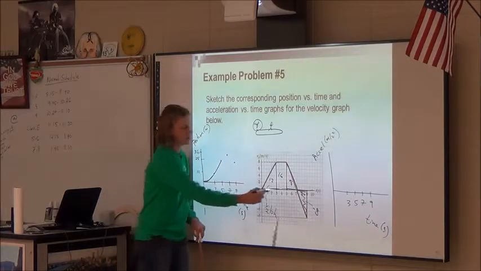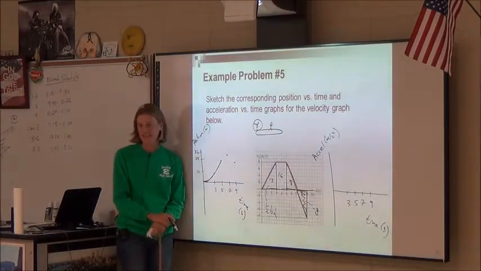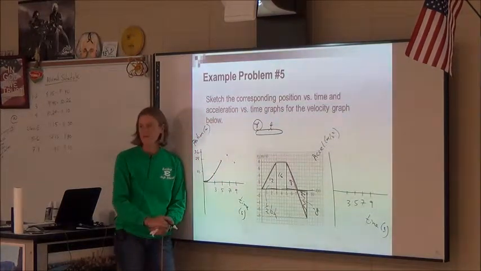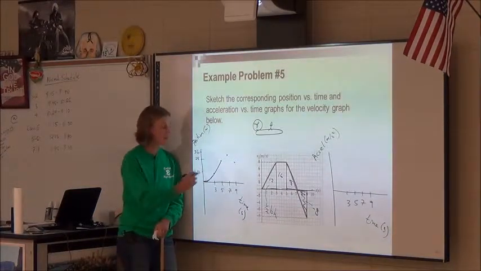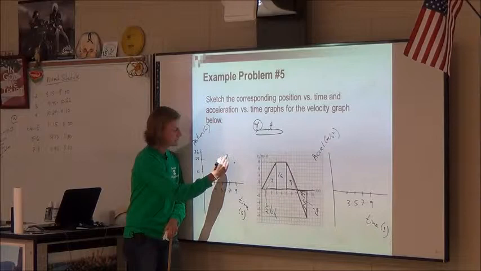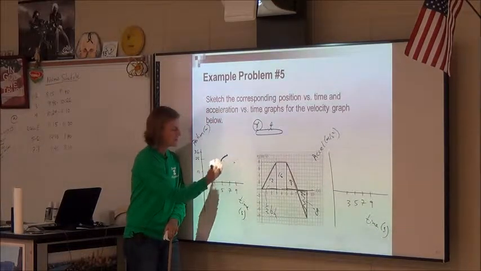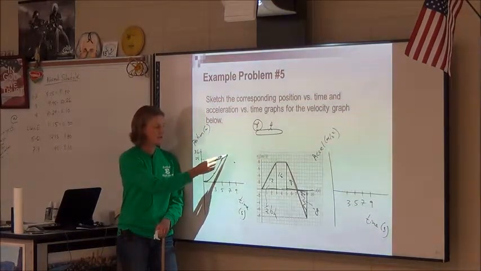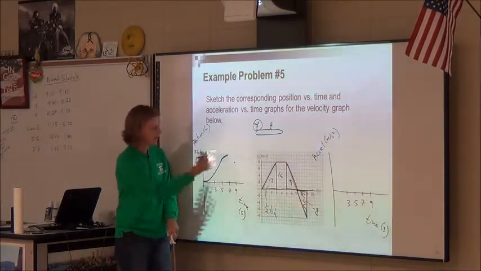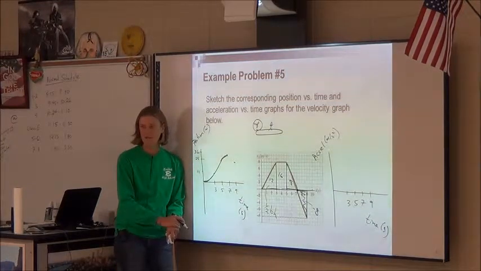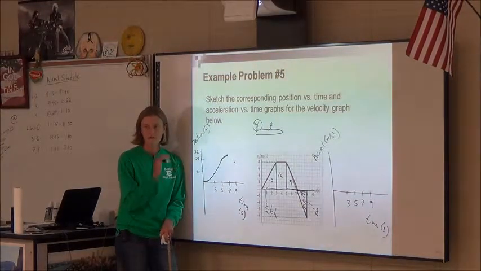You told me from 5 to 7 seconds we're slowing down. So the slope gets steeper or more shallow? More shallow. So we curve it kind of that way. And in fact, what exactly should the slope be at 7? 0. It should be flat right there, because we said we were stopped for that instant. All right, then moving on from 7 to 9. Which way?